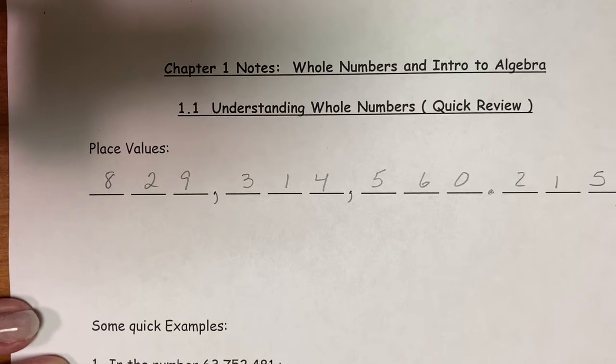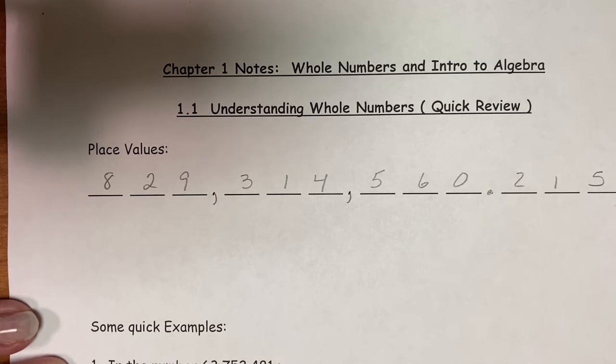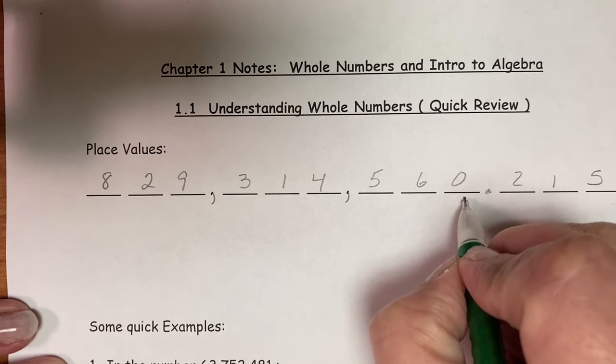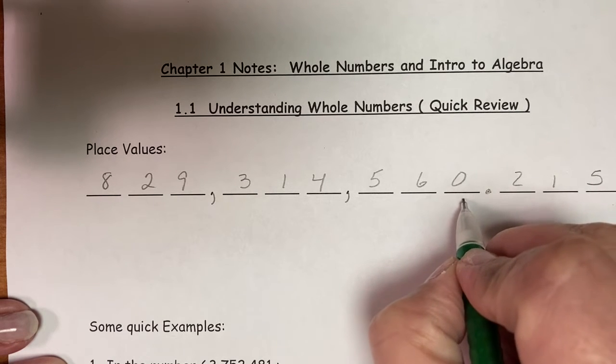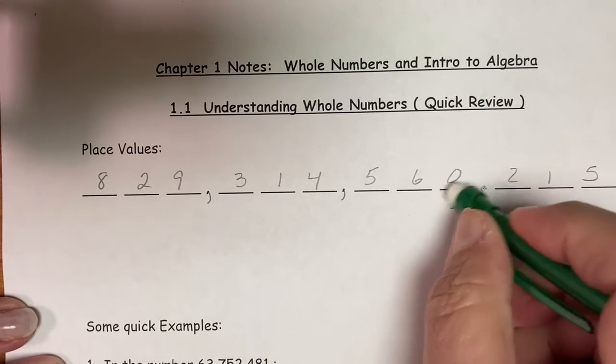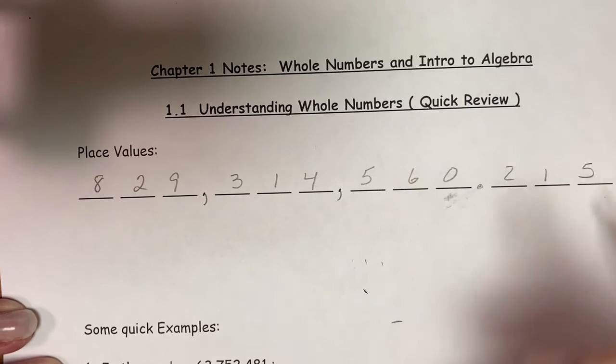Okay, so if we were just going to talk about our place values, which is what we want to talk about here, we're only going to do the numbers to the left-hand side of our decimal. So this 0 is in what we call the ones place.